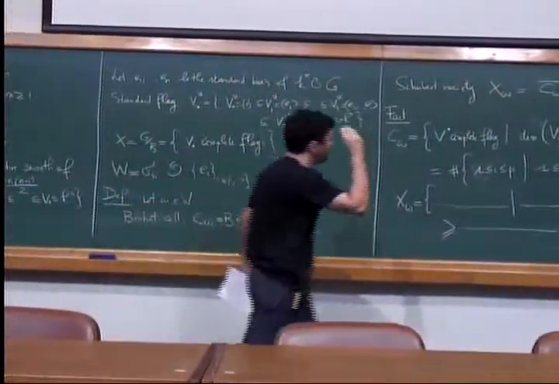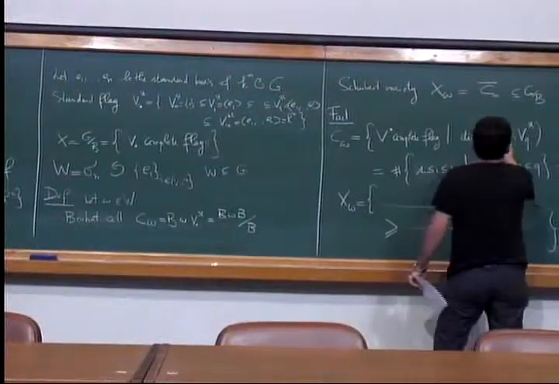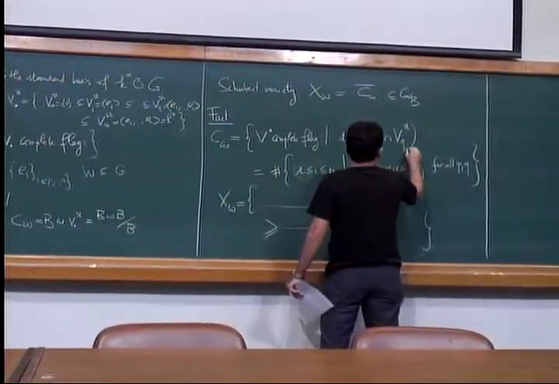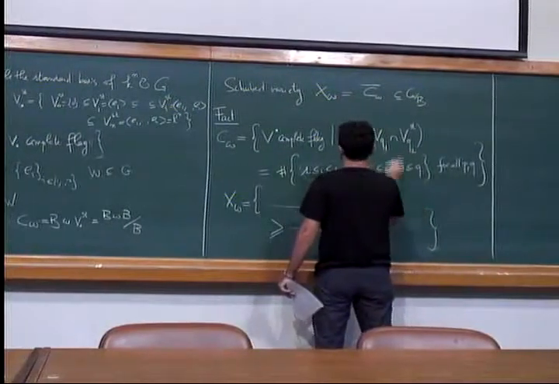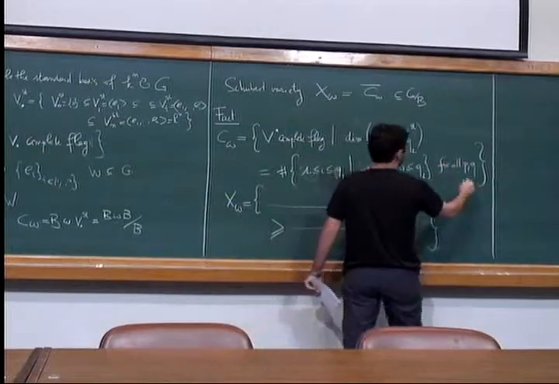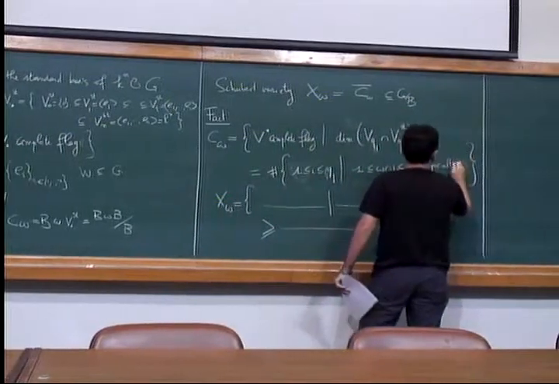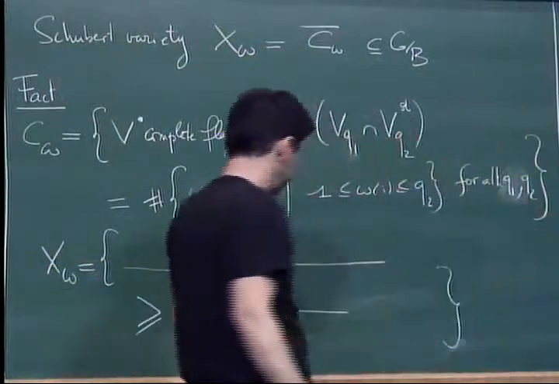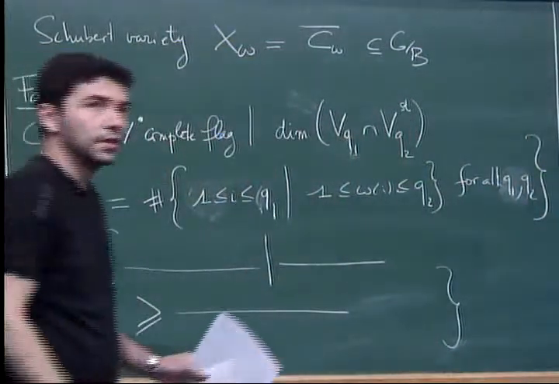So this is q1, q2. p is not prime. So q1 and q2. So this has nothing to do with the characteristic.